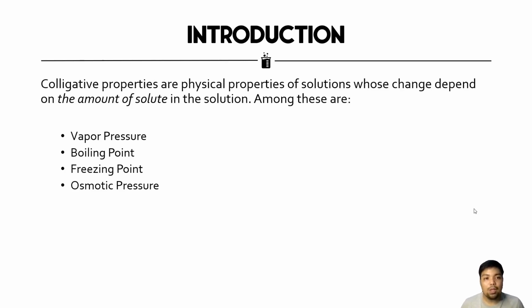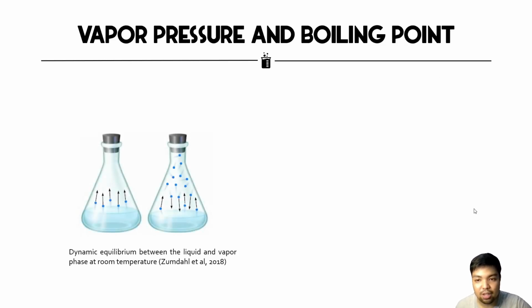So what do we mean when we say vapor pressure and boiling point? So let's have this illustration here. In the first picture, on the left part of the picture, we know that at room temperature, some of the liquid escapes to the gas phase.